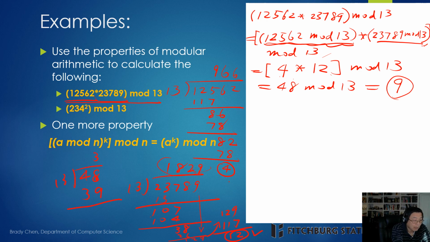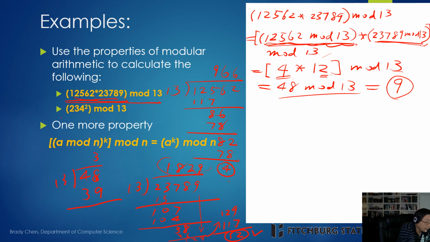Now in this case, instead of doing a multiplication of two huge numbers, we do the modular for each of the smaller numbers, and then we just multiply two small numbers and take mod 13, and then we get a result. This is going to dramatically save our time. Also, later on, when we use a computer program, we will find out it can also dramatically save memory space, because we don't need to store a huge number before we do the modular operation.